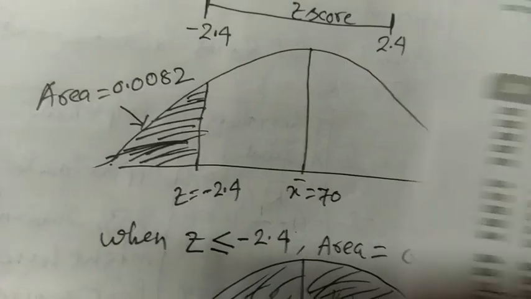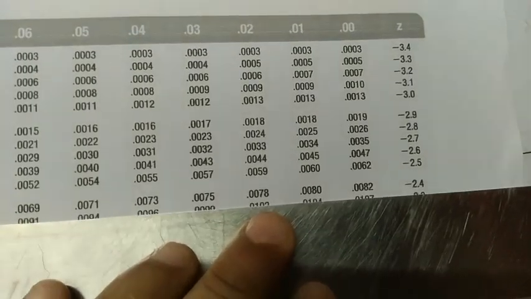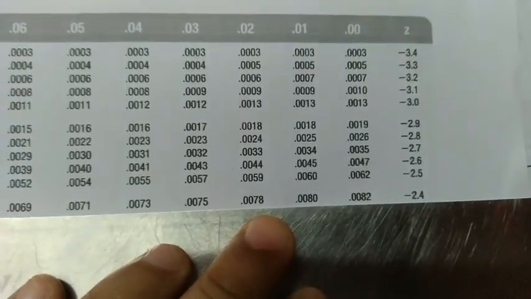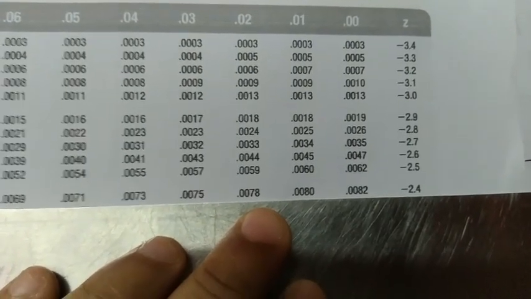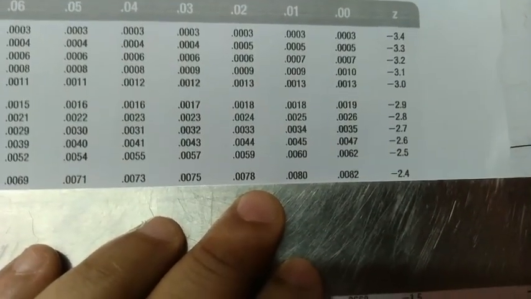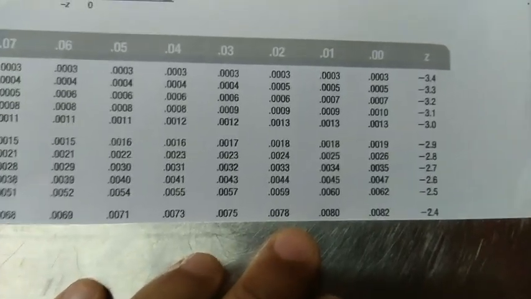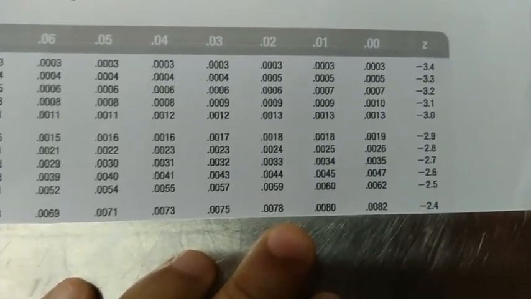So in our question the value of z was minus 2.4. So we need to find the right row for minus 2.4. This is the right row for z value minus 2.4, that means minus 2.40.